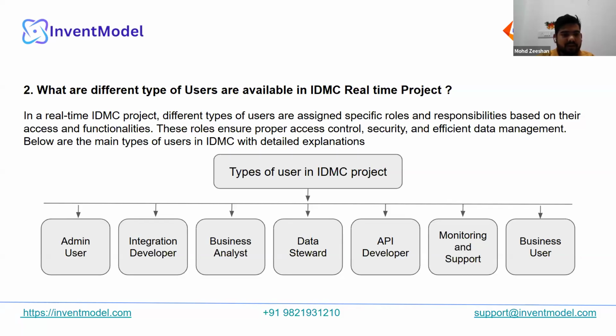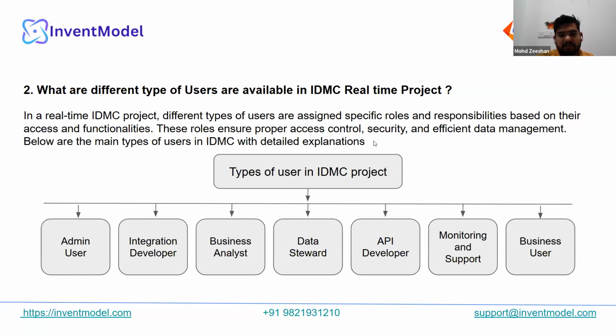But first of all, let's see what the answer is. In a real-time IDMC project, different types of users are assigned specific roles and responsibilities based on their access and functionalities. I told you earlier that in a project we can have different types of developers, and different people can work in a project according to their roles and responsibilities.